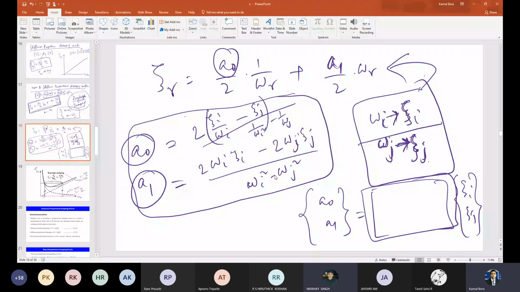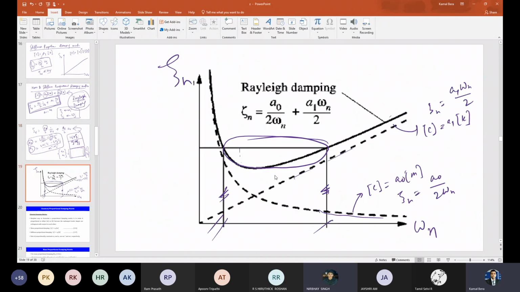The expression is further simplified if you consider that for both modes the damping ratio is similar. It is very difficult to find the damping ratio for many modes, so we generally consider, let's say, that the fourth mode and fifth mode have the same modal damping ratio. This has nothing to do with this figure; it is just to show that this might be omega 2, this might be omega 4.